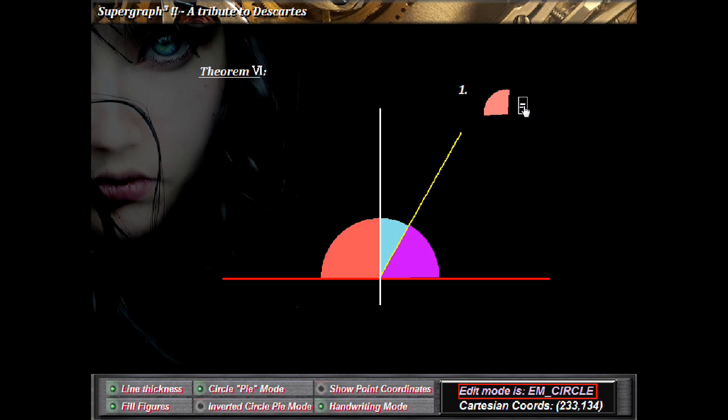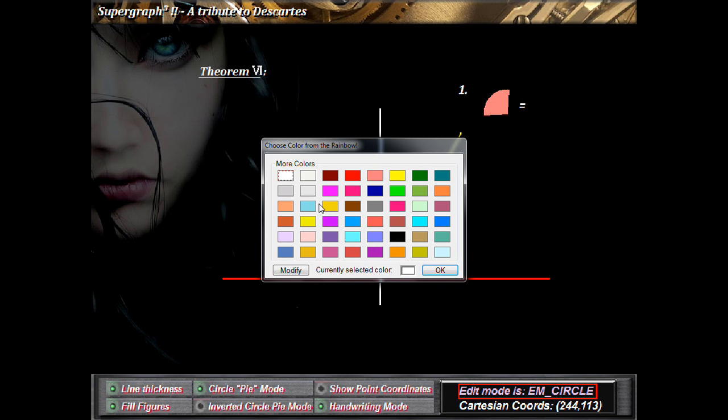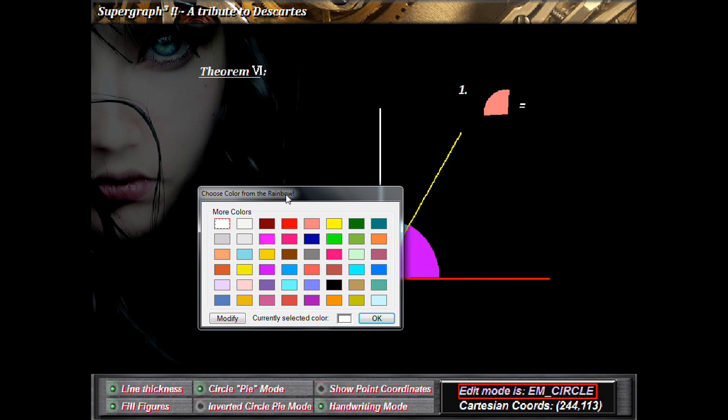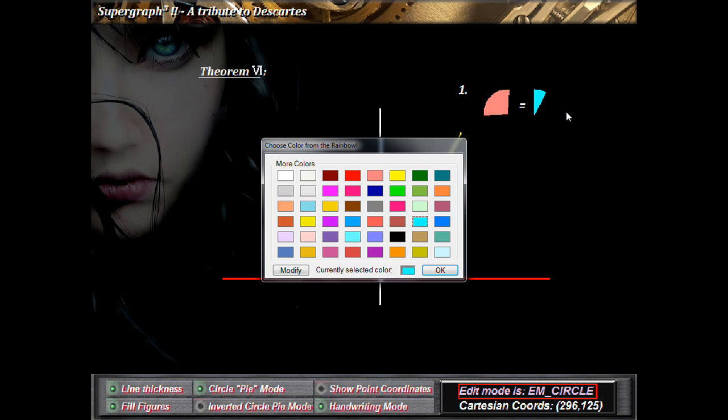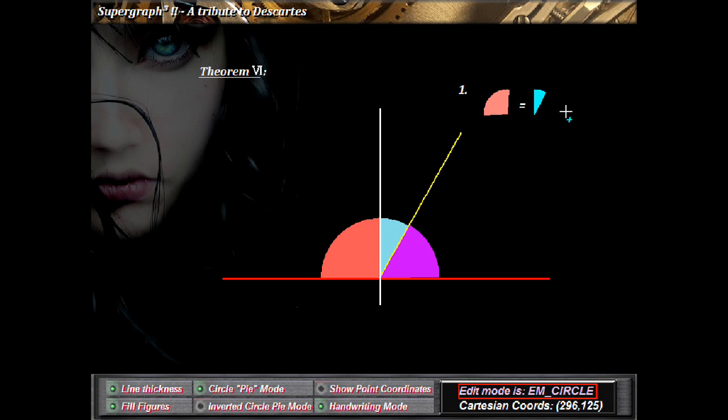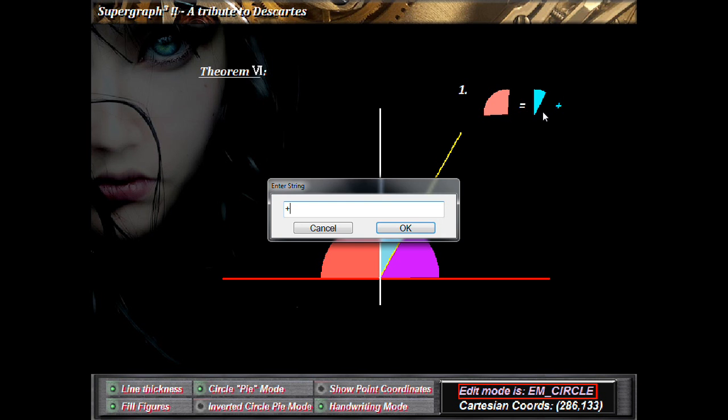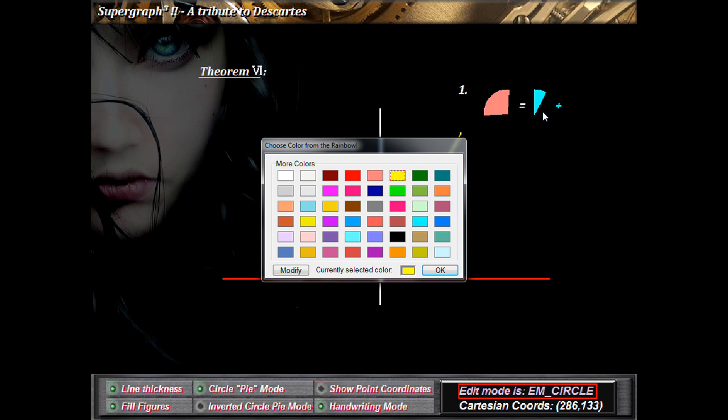The text is different. Color-wise, I keep having to switch colors, and I don't need to. The pies should have their color, and the text should have its own color. And save me typing.